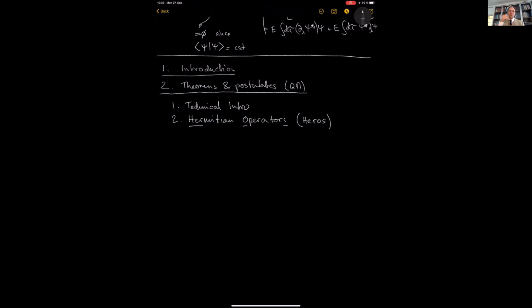For example, the Hamiltonian operator has the variation principle attached to it, and we will build on this and strengthen this a little bit more within the second subchapter.